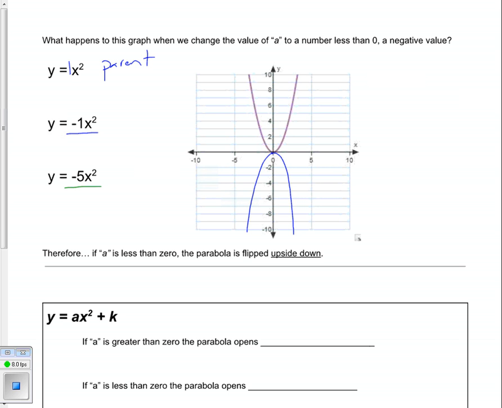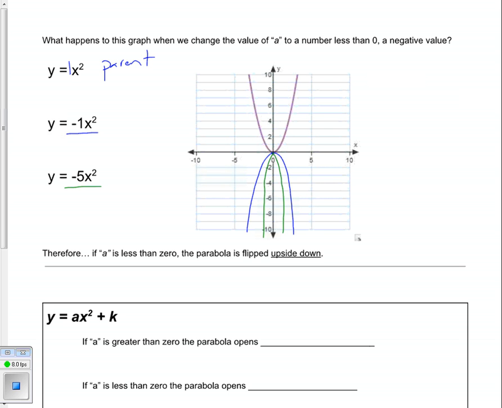The 5 indicates that it's going to actually be stretched. And so y is equal to negative 5x squared is actually a stretched form of this parabola. Okay? And so therefore, if the a value is less than 0, the parabola is flipped or upside down.